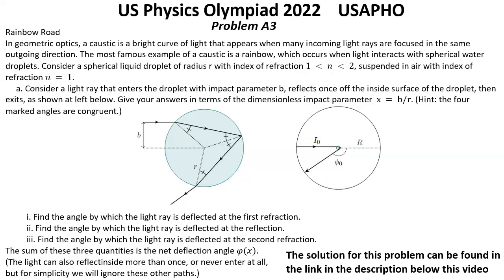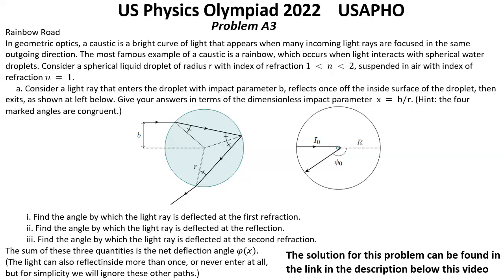Consider a spherical liquid droplet of radius r with the index of refraction 1 less than n less than 2, suspended in air with index of refraction n equal 1.